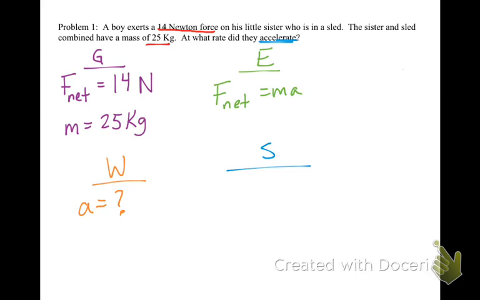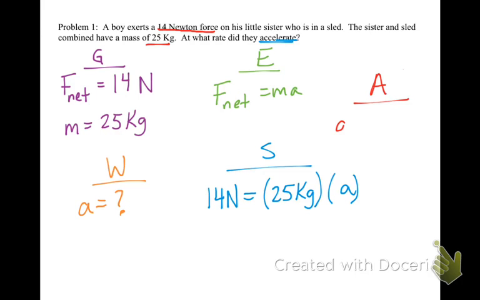Let's substitute everything in. So we've got 14 newtons equals 25 kilograms times our acceleration. Solving for our acceleration, so dividing both sides by 25, you should get an answer of 0.56 meters per second squared.